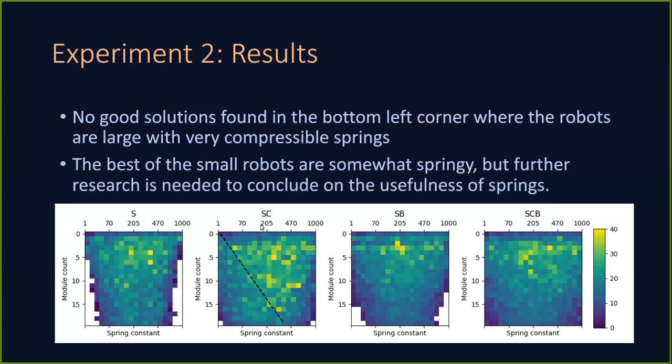We can also see a little bit that the highest fitness, which is the yellow squares here, are quite close to this area between 205 and 470 of the spring constant. But we think that further research would be needed to conclude on the usefulness of the springs, because it's difficult to look at this and understand anything about how the robots are actually using the springs, whether they are actually using the springs to store and reuse energy.